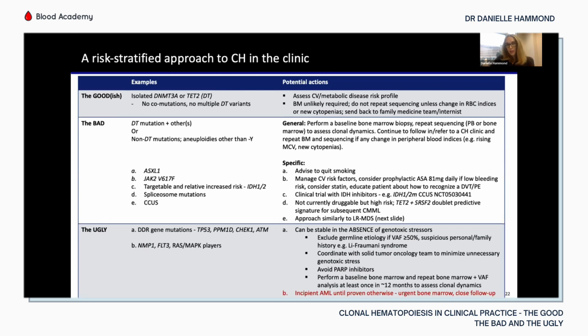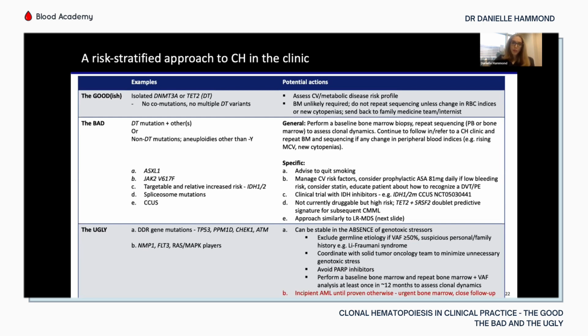And then CCUS, just by virtue of having a causally associated cytopenia, these are at kind of highest risk, more akin to a cumulative risk of 10% per year developing a hematologic malignancy. So I'd approach these patients based on that Mayo Clinic series, very similar to lower risk MDS in terms of surveillance, frequency of bone marrow biopsies, and even in supportive care.